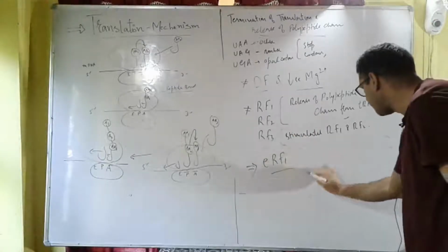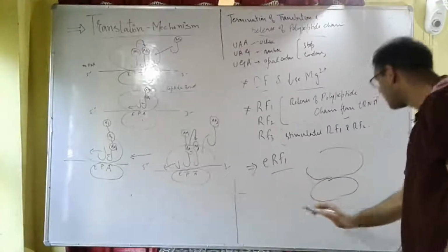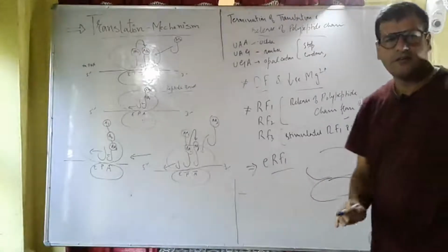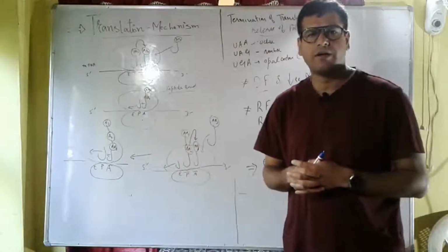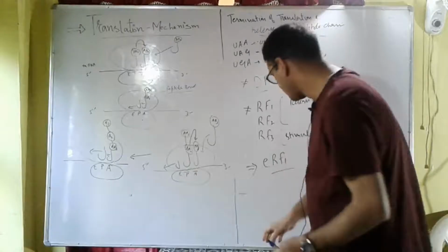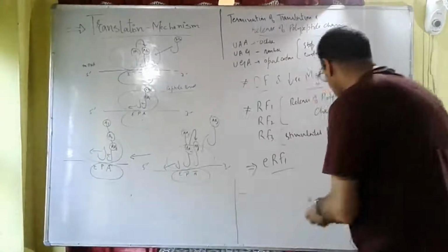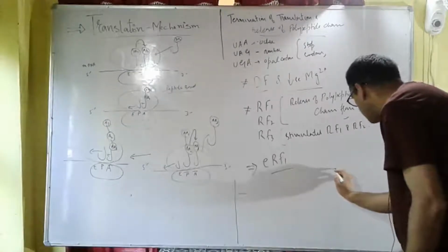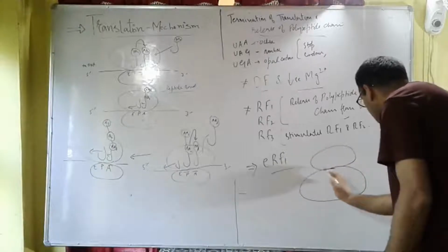And then this polypeptide chain moves out of the ribosome through a groove in the large ribosomal subunit. This is the large ribosomal subunit, this is the small ribosomal subunit.